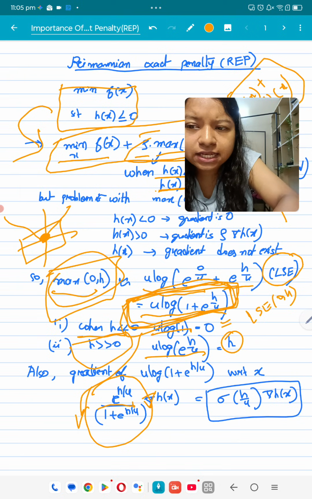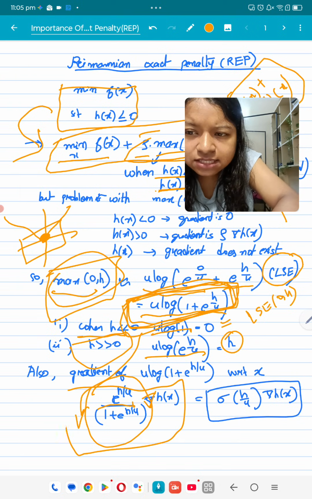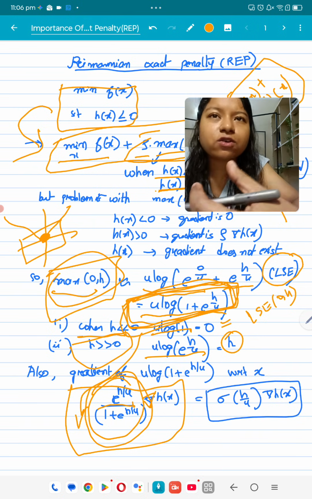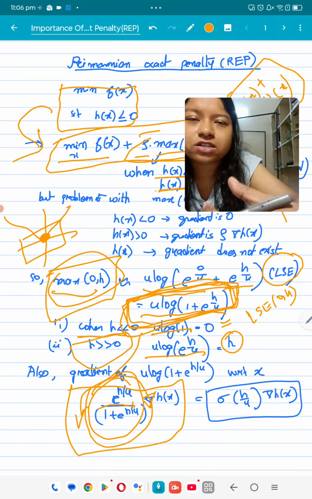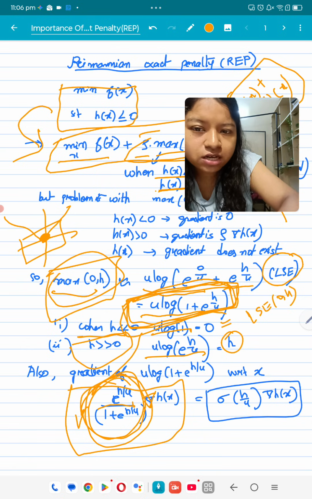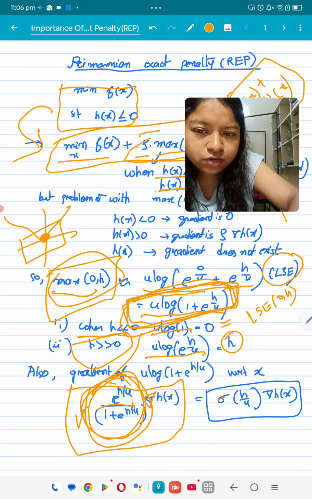So now we can see that the gradient exists, and this is a sigmoid function into gradient of h of x. Now h of x is any constraint, any linear constraint, so that can be differentiable, and also this is a sigmoid function, which I wrote as sigma of h by u, and this is a smooth function.